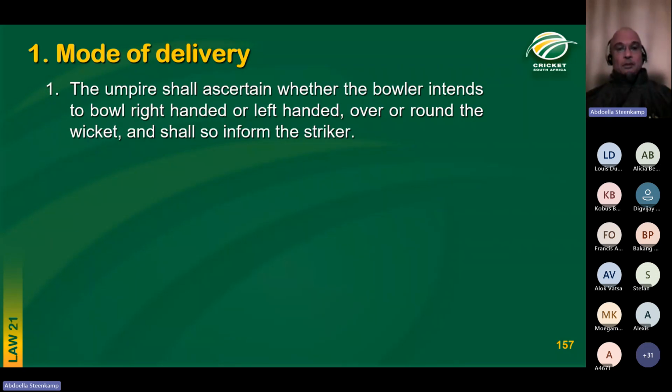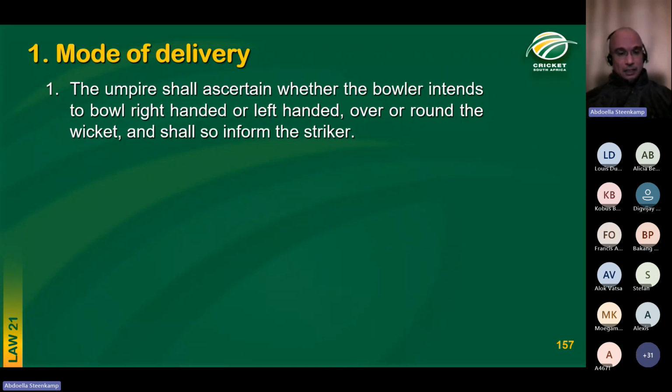the bowler and umpire needs to ask the bowler, as soon as the bowler gives his or her cap to the umpire, bowler, are you right-handed or left-handed? And are you going to bowl over or around the wicket?